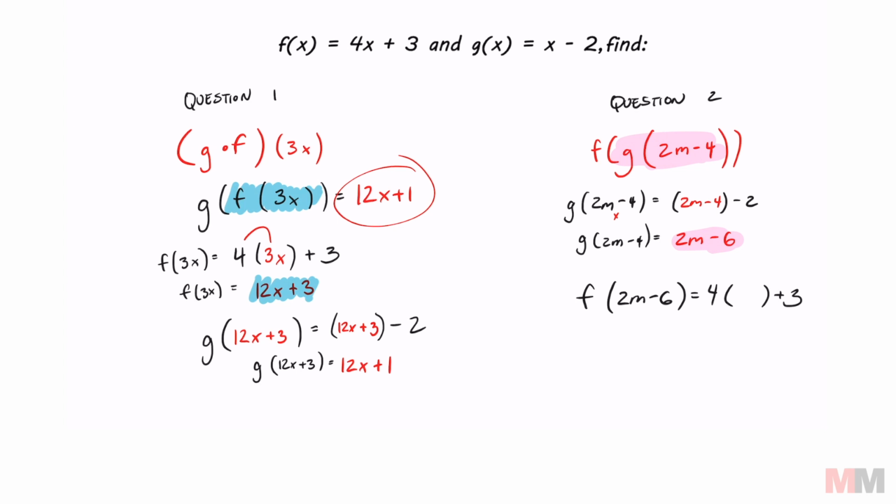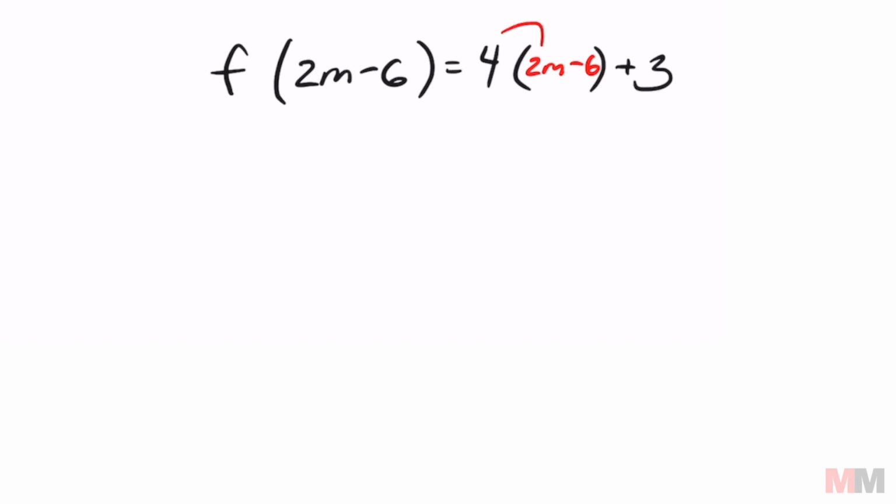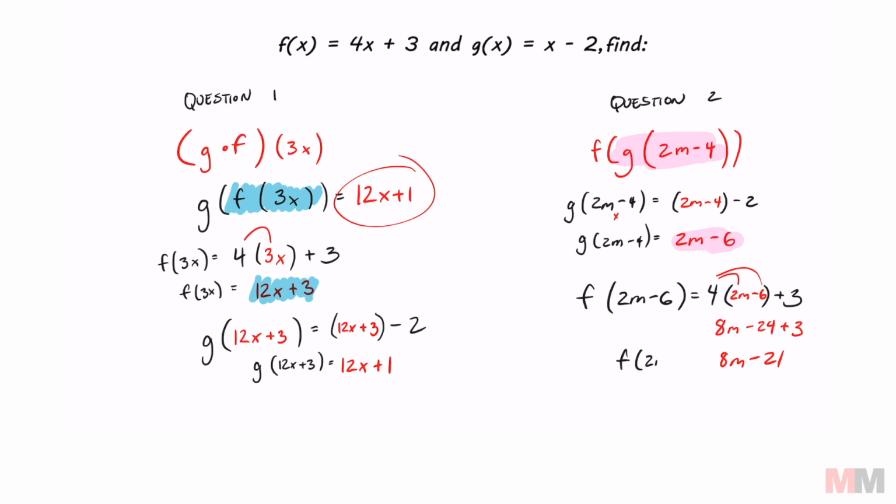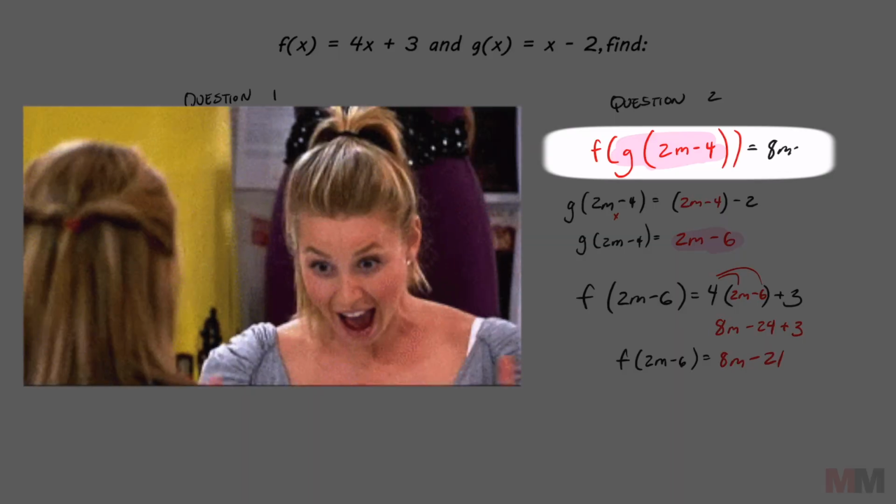Our input, which is 2m minus 6. Go ahead and simplify that by distributing that 4. We get 8m minus 24 plus 3, which then simplifies to 8m minus 21. That is what f of 2m minus 6 is going to equal, which is also my answer, 8m minus 21.